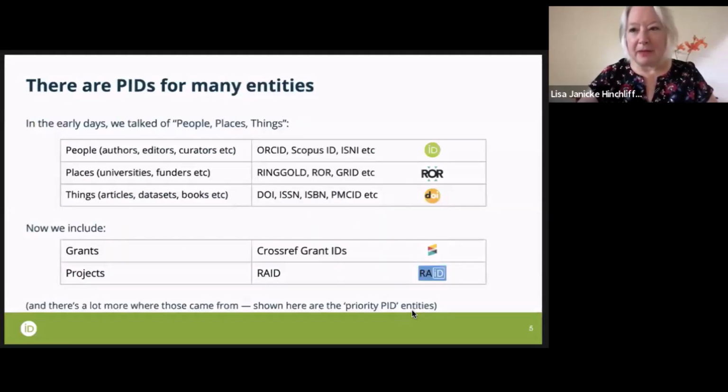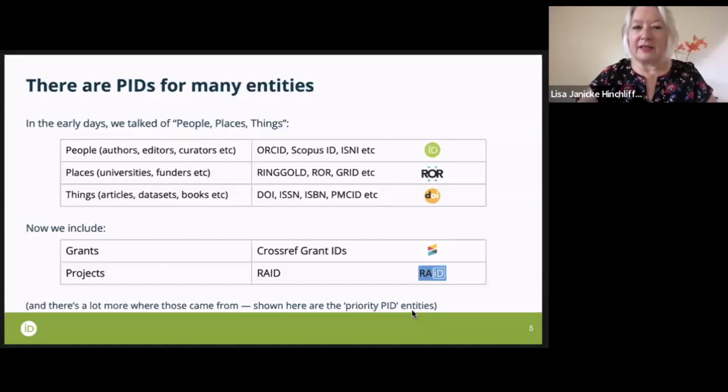There are PIDs for many entities. Typically these days, we talk about people, places, and things. And so for people, those are things like ORCID, Scopus ID, the ISNI. For places, we talk about Ringgold, ROR, GRID.